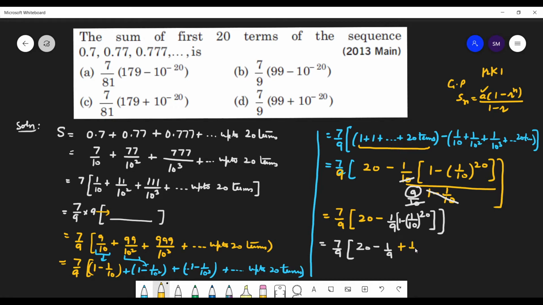Is this clear, students? Yes, sir. So what do you get? Quadratic equation?